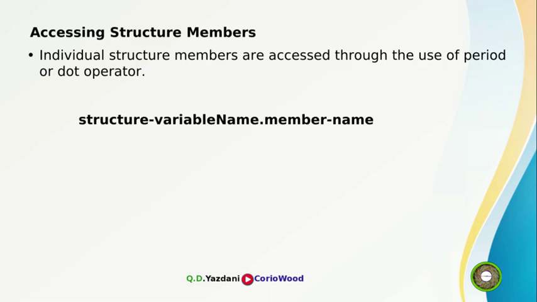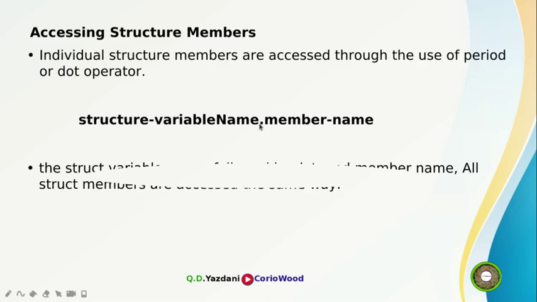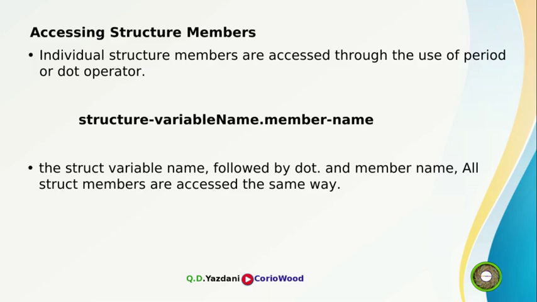In the case of employee, you put employee dot employeeID, employeeInfo dot firstName, employeeInfo dot lastName, employeeInfo dot any other information you want to put. Keep in mind, if you want to access a member, you need to use this dot operator: the structure variable name followed by a dot and the member name, as I already explained on top. All struct members are accessed the same way, so keep in mind it's very essential in C++.